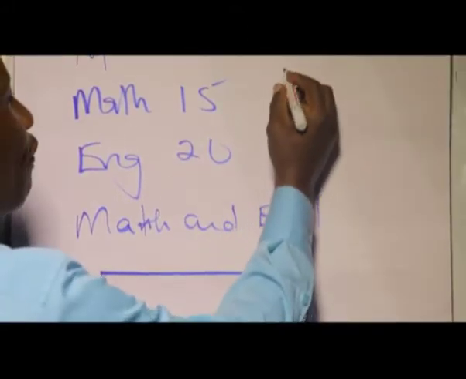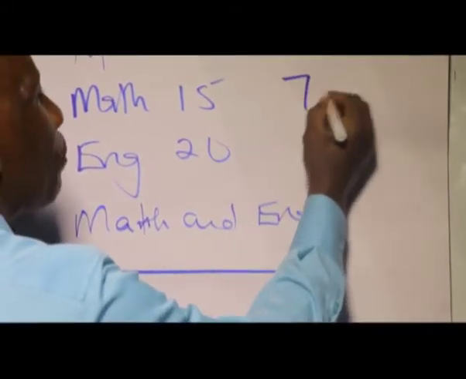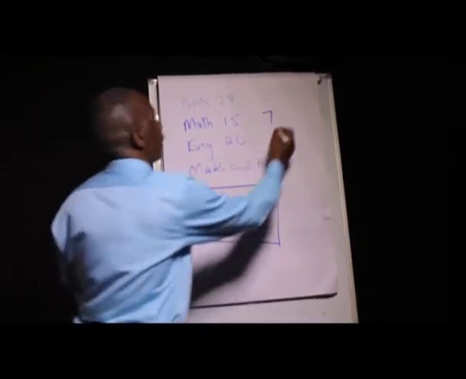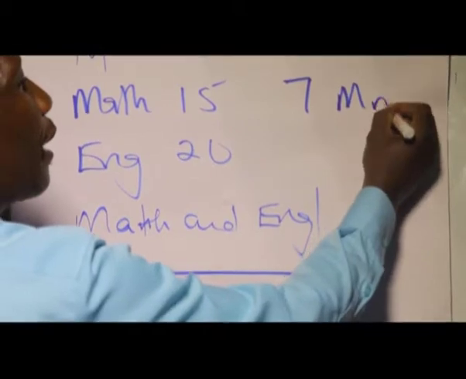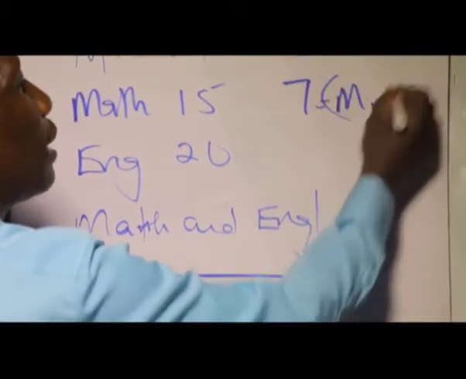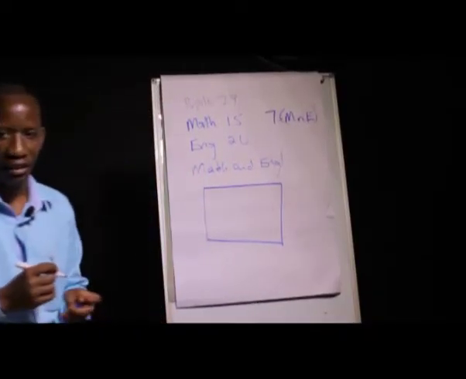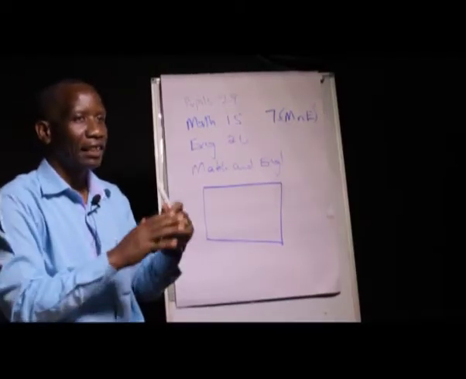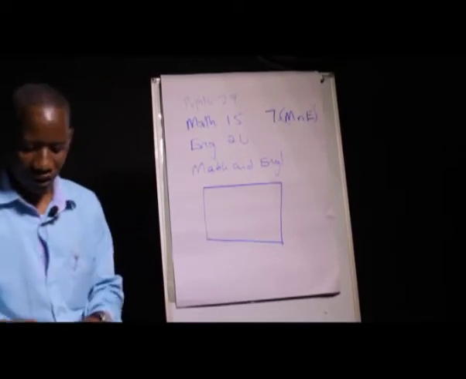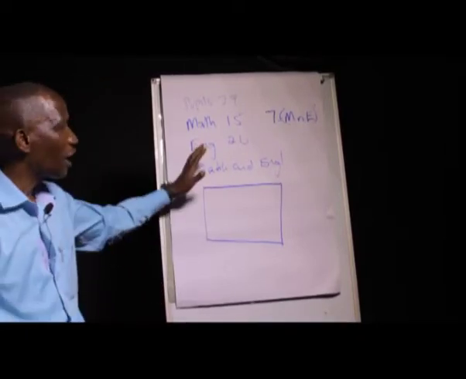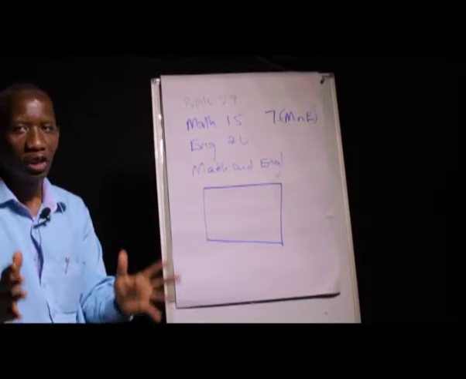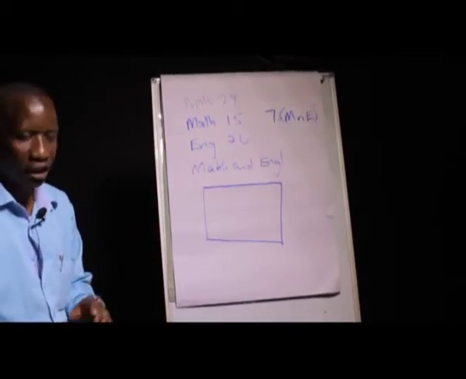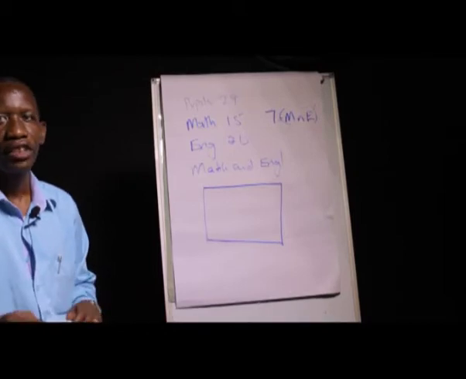If we have 7 pupils that don't like both of the subjects, math and English is not liked by 7, how many pupils like both subjects? To overcome this challenge, we are going to use Venn diagrams. That's why they are important in mathematics.